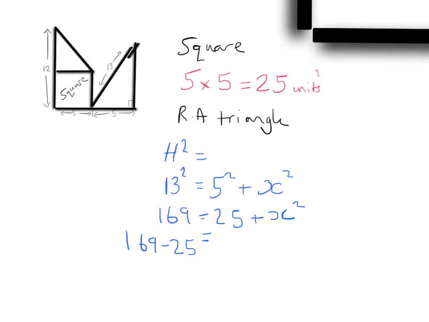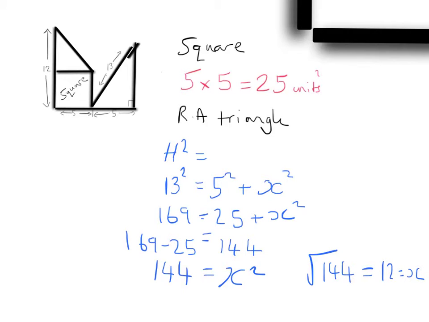So 169 minus 25 is equal to 144. Right then, but we need the square root of that, because 144 is equal to x squared and we want x on its own, so the square root of 144 is equal to 12, which equals x.